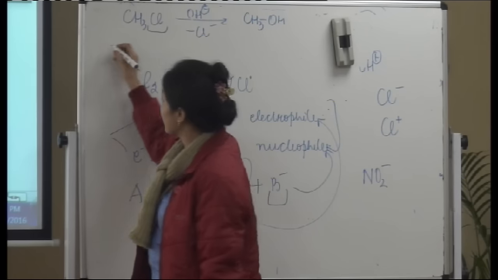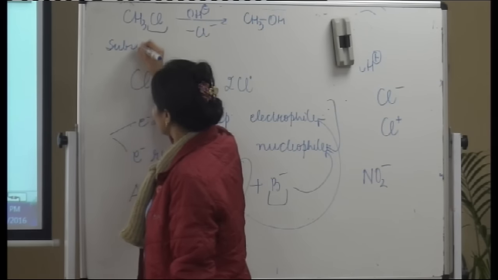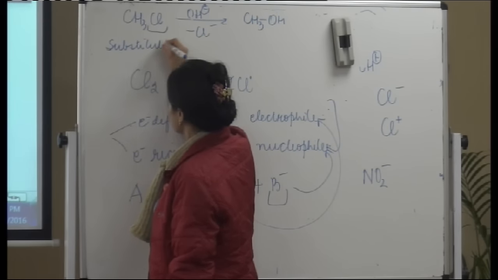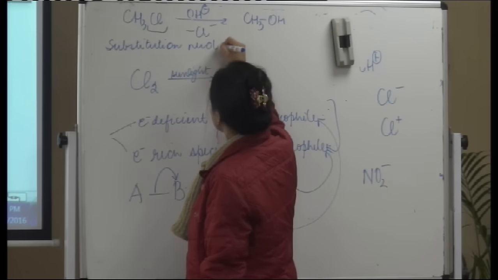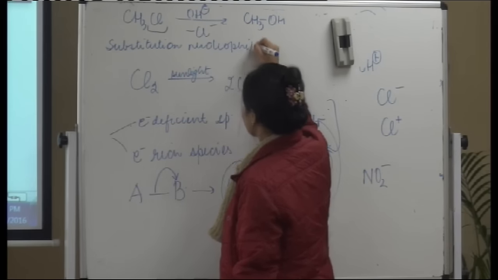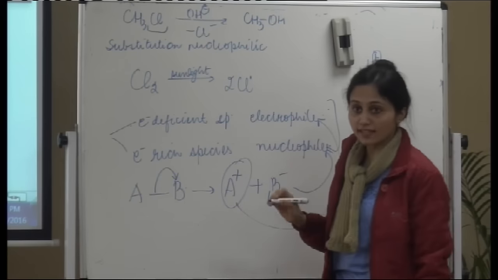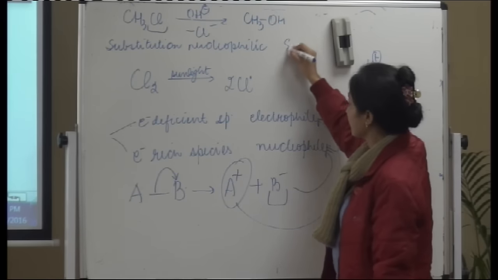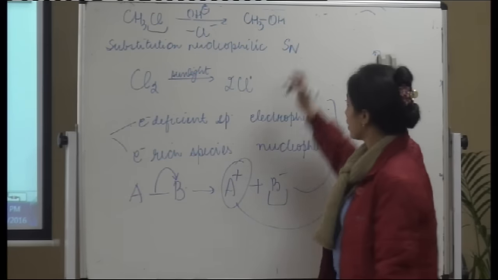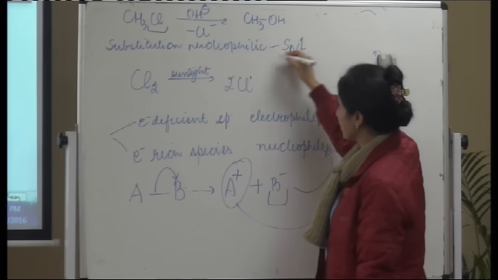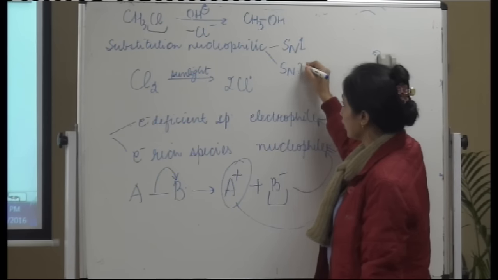So that is why this is called a nucleophilic substitution reaction. Alright, this is known as the SN reaction. Now you have two types of substitution nucleophilic reactions. One is your SN1 and the other is your SN2 reaction.